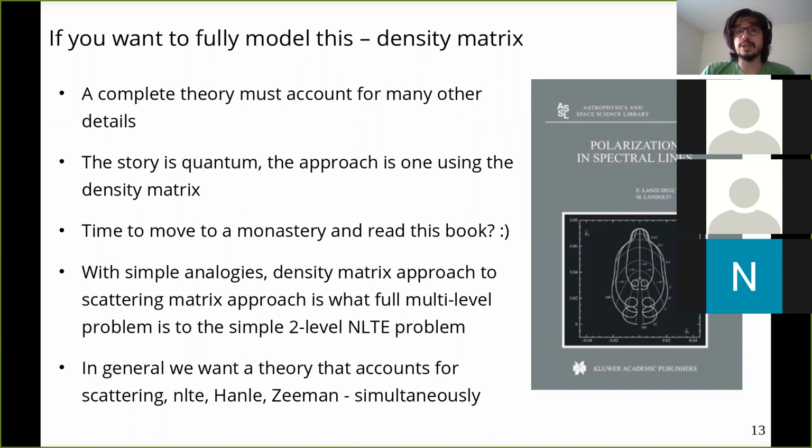But by calculating this so-called density matrix and then using it to describe the orientation and alignment of the Zeeman sublevels of the transition, you could really properly model everything that happens in the spectral lines.